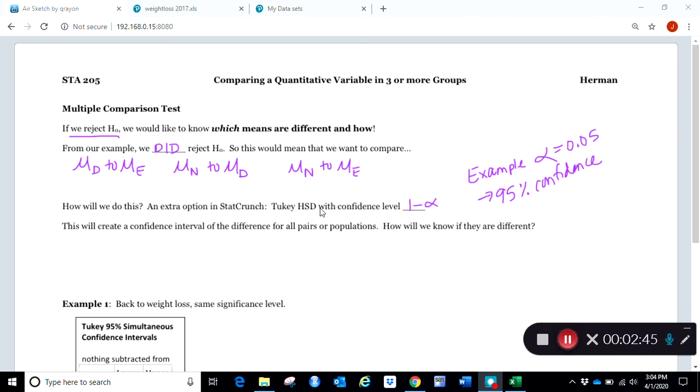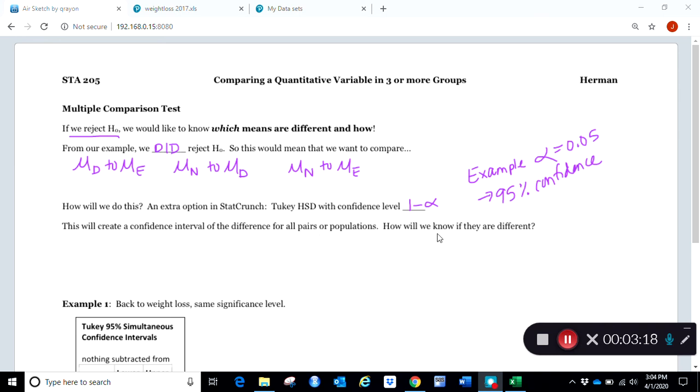What this is going to do for us is it actually will create a confidence interval of the difference for all pairs of the population. So imagine what it's doing is it's doing a confidence interval for two independent samples, like it did in the previous module. So it's going to do a difference in two means for diet and exercise, a difference in two means for nothing and dieting, and a difference in two means for nothing and exercising. So it's going to automatically create a confidence interval for each of those.